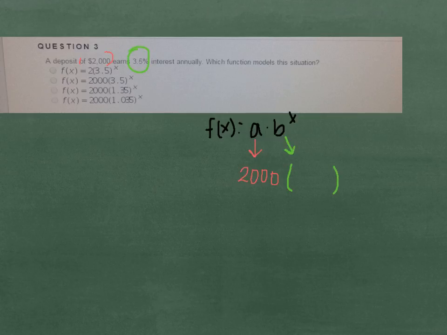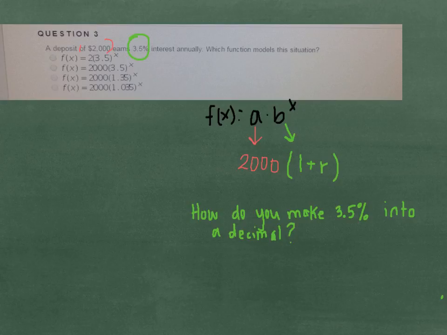So you're taking the amount you have, and it's going to be 1 plus the rate, because it's 100% of the money you have, plus the rate of 3.5%. Think of it as you're going to have 100% of your money plus a little bit more. And how do you make 3.5% into a decimal? Hopefully you remember that you move the decimal twice, so I will move it twice to the left.